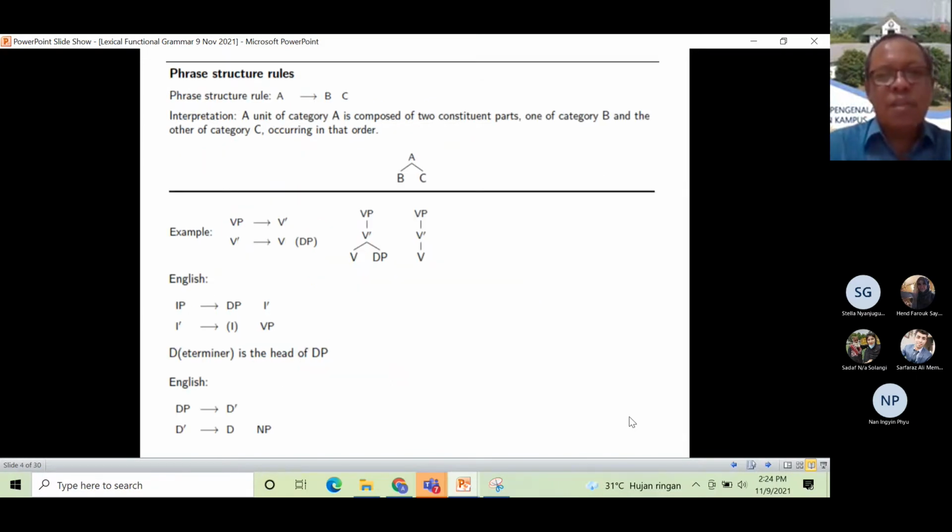Now, in phrase structure, we may also use rules that govern the occurrence of phrases.